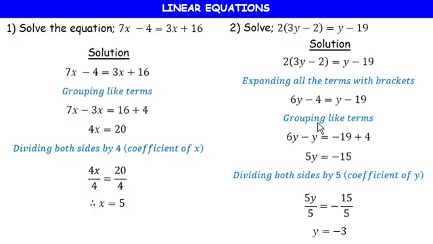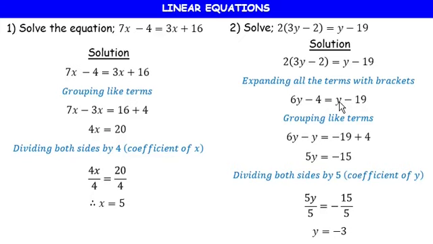So let's look at this same example. Like we said, you have to group like terms, meaning that you group all y's at one side and group all constants or ordinary numbers at another side. Alright, so in moving from one side of the equation to the other, you have to take note of these two principles.